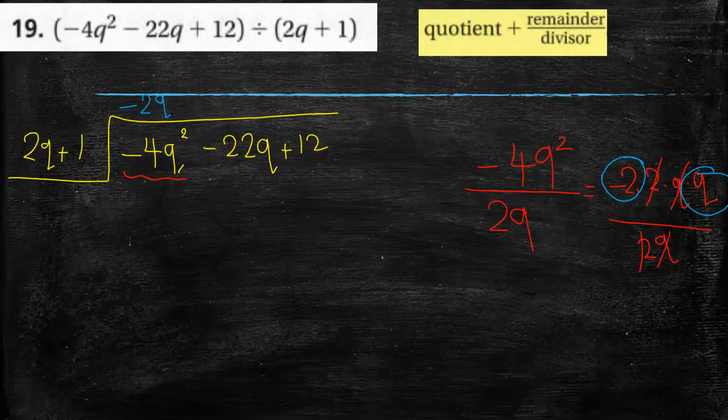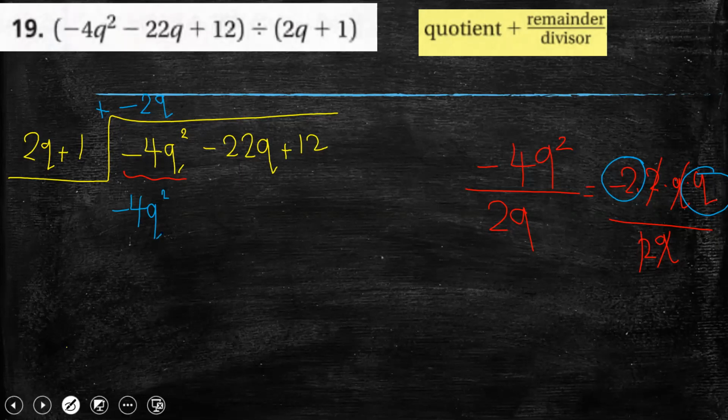After we divide, we have to multiply. When you want to multiply, you multiply with the whole term. When you want to divide, you divide by the first term only. Then negative 2q times 2q is negative 4q squared.